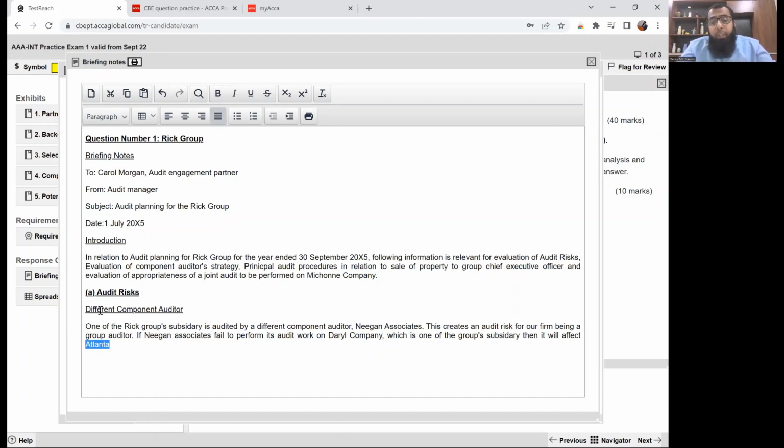Or you can write directly our firm. Then it will affect our firm's group audit activity.